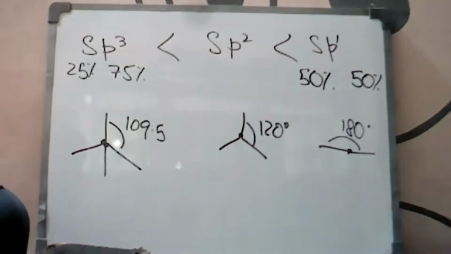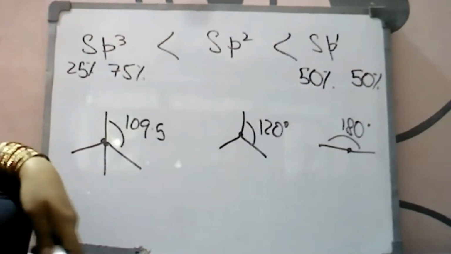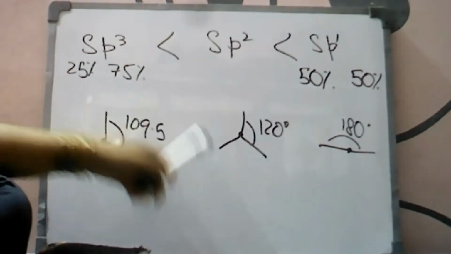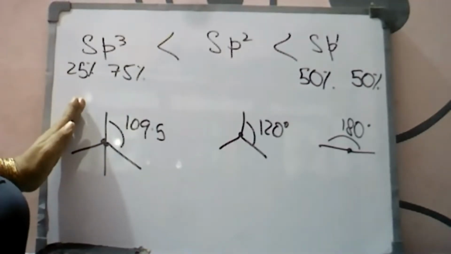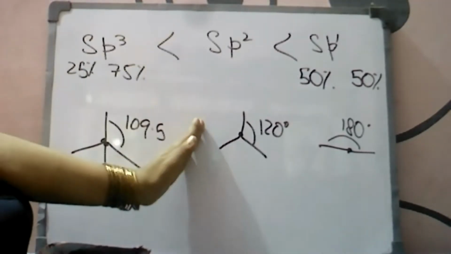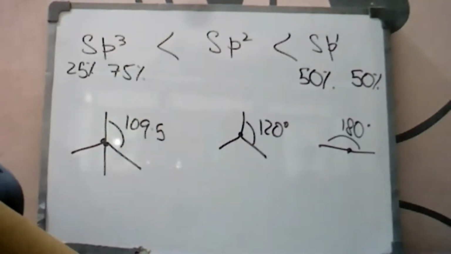Now here you can see, when the percentage of S character is increasing, the bond angle is also increasing. This is the bond angle of sp3, sp2, and sp1 hybridization. So bond angle is increasing with the percentage of S character.